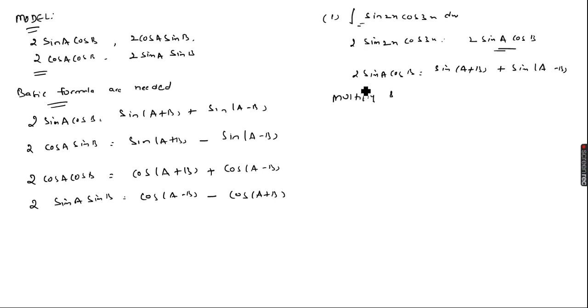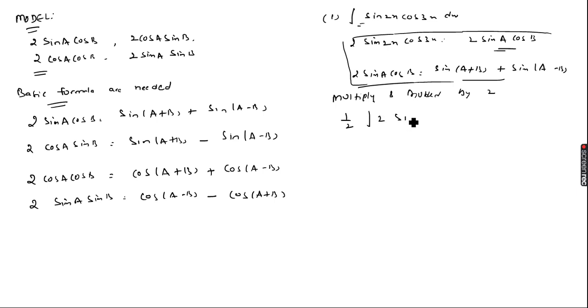So we get 1 by 2 into integral of 2 sin 2x cos 3x into dx. If we compare, A is equal to 2x and B is equal to 3x.